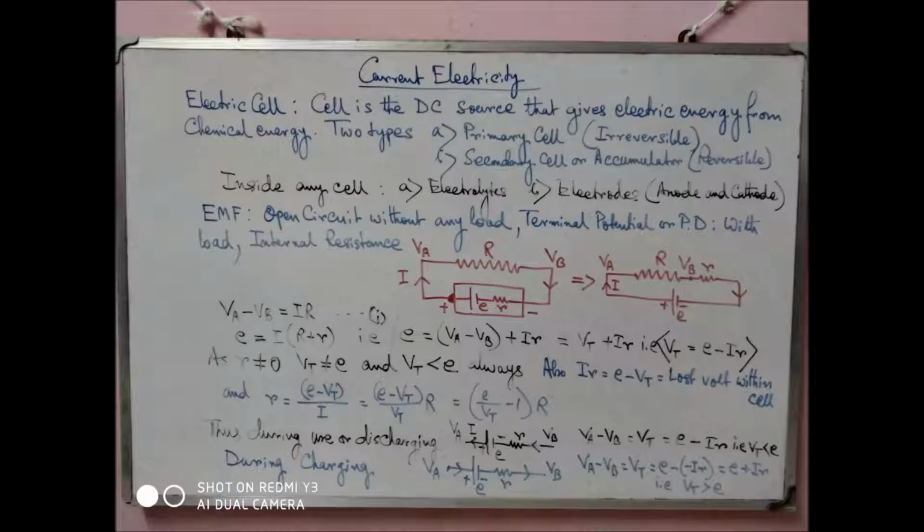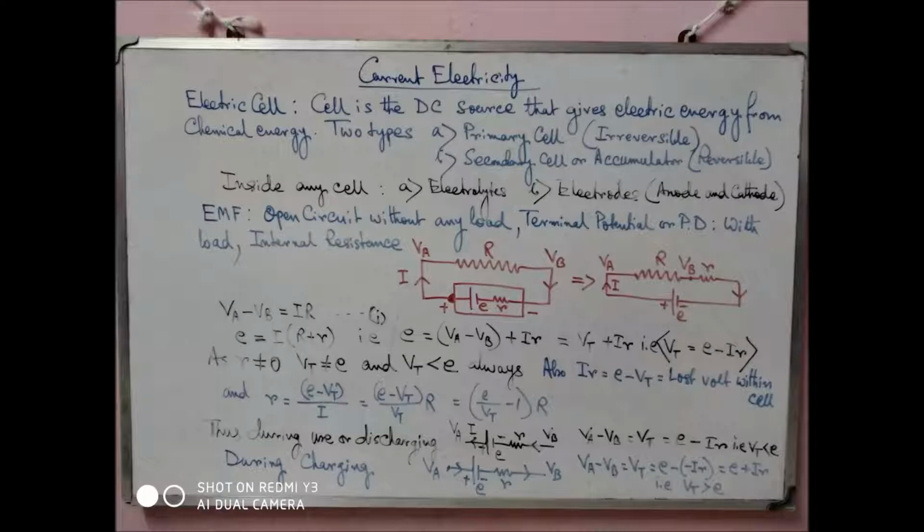Now, the main concept is, in an irreversible cell, chemical energy once converted to electrical energy, that electrical energy goes to the external circuit, but we never return back to the chemical energy again.